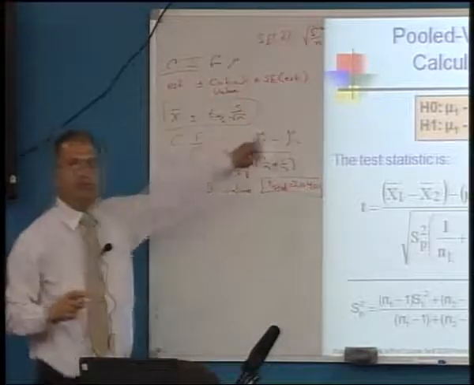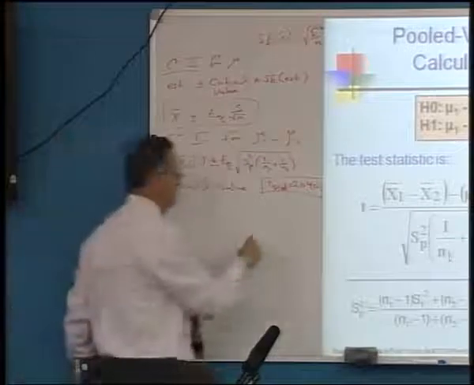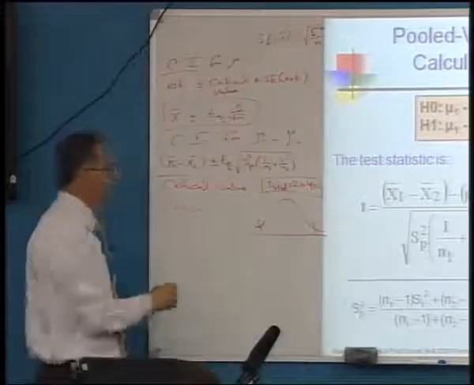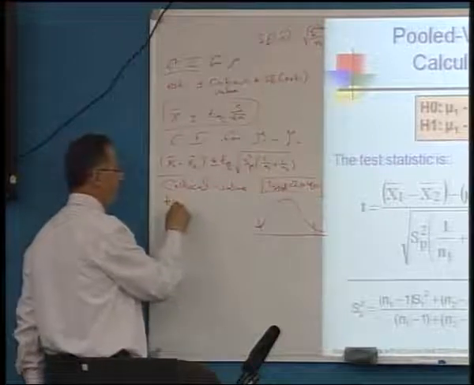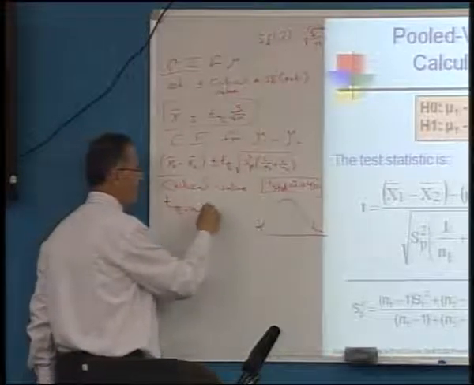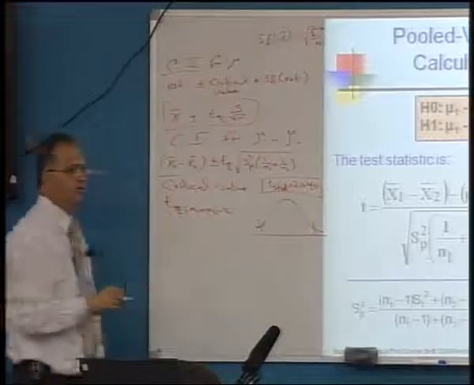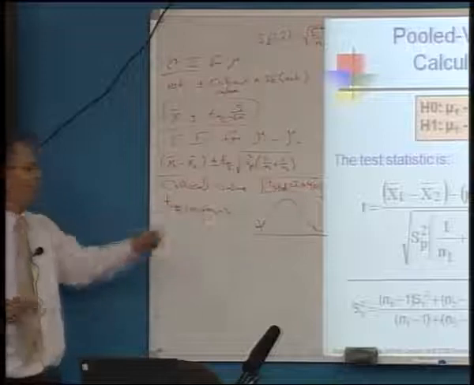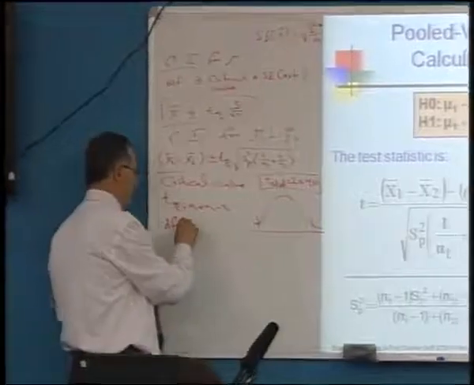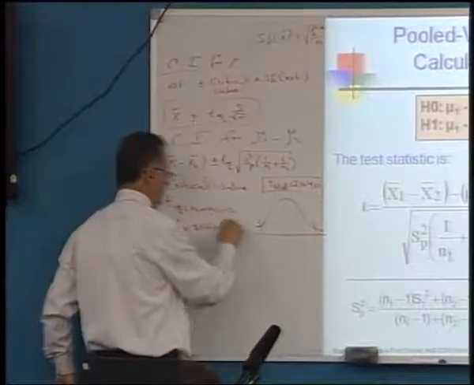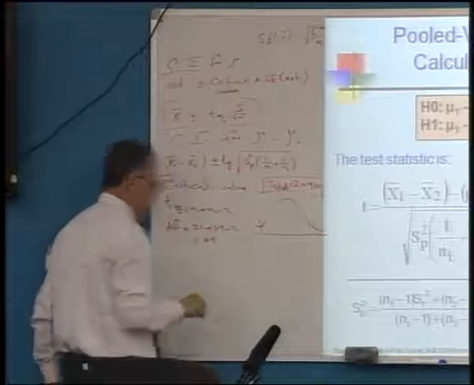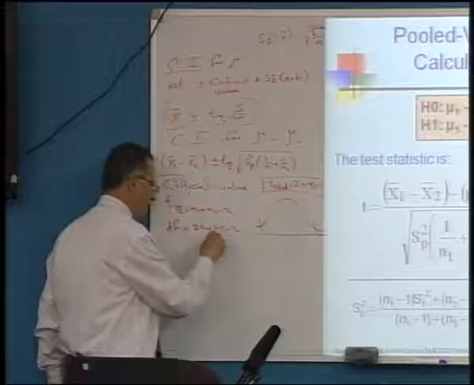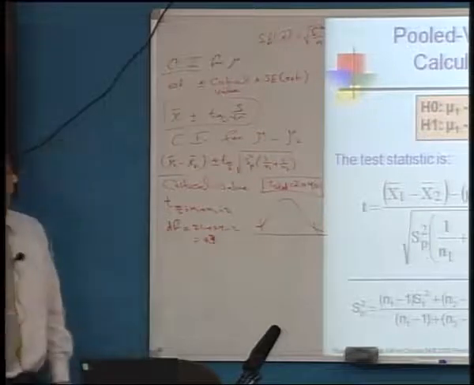Now, since it's a two-tailed test, you have 2 rejection regions, t alpha over 2 with degrees of freedom n1 plus n2 minus 2. n1 is 21, n2 is 25. So your degrees of freedom 21 plus 25 minus 2, this will give 44. So degrees of freedom is 44.